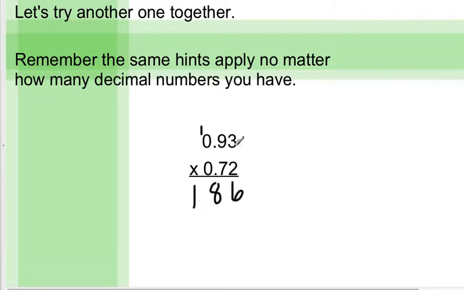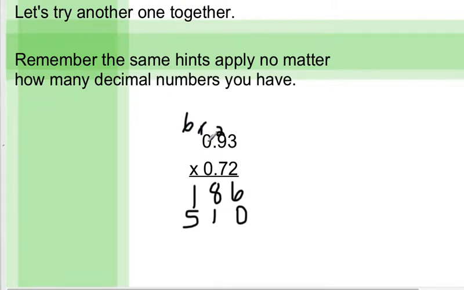We're no longer multiplying by the 1, so I'm going to put a 0 right here. Then we have 7 times 3 is 21. Put the 2 down here, and the 2 up here. Put the 1 down here. 7 times 9 is 63, plus 2 is 65. Put the 5 here, and put the 6 up here. I've used this, so I'm just going to get rid of that.